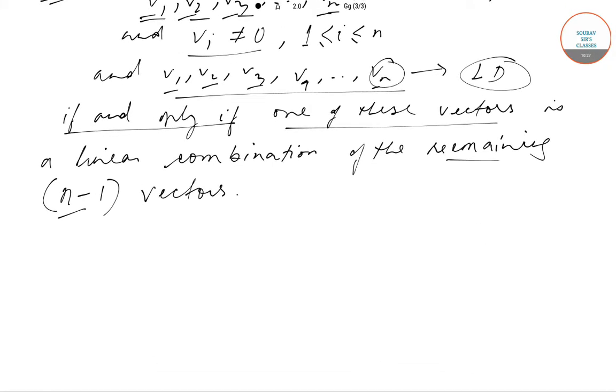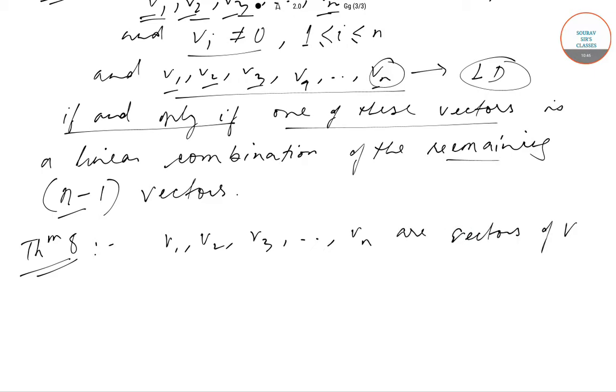Now let's move on to Theorem 8. In Theorem 8 it has been said that suppose we again have the vectors V1, V2, V3, Vn of V, and V(F) is the vector space. And also Vi is not equal to 0, that means non-zero vectors.